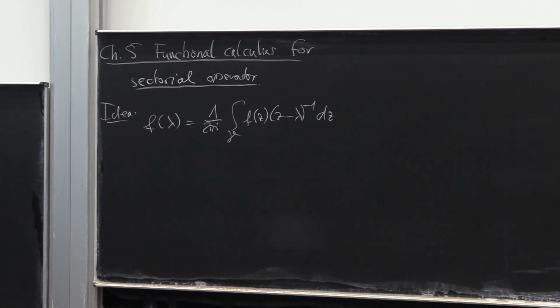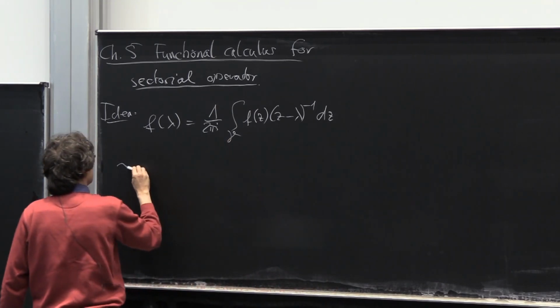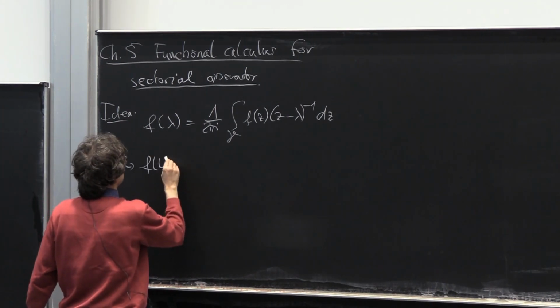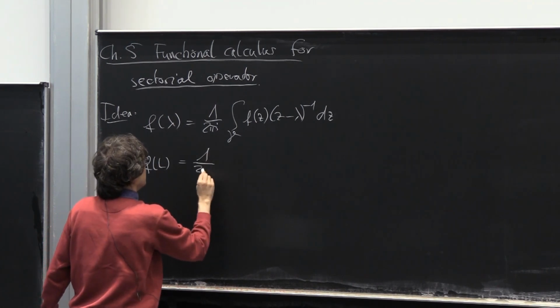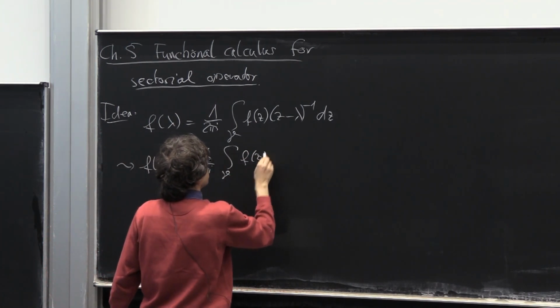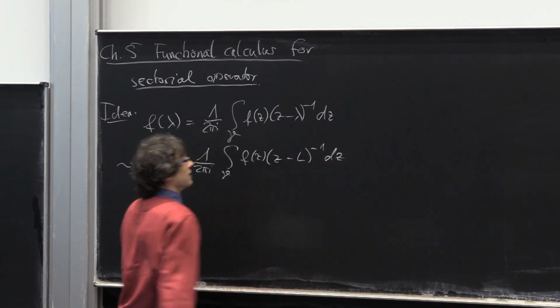Okay, and the nice thing about this formula is that at least formally, here you can plug in an operator and at least the things that stand there make sense. So formally, you can write down f of L as 1 over 2 pi i integral over gamma of f of z times (z minus L) to the minus 1 dz.